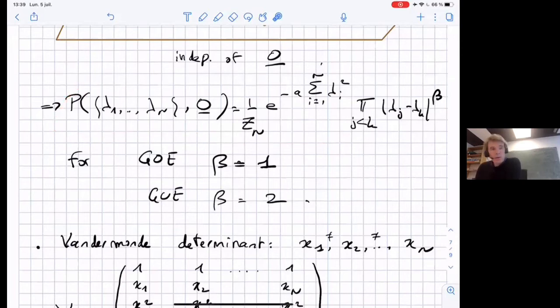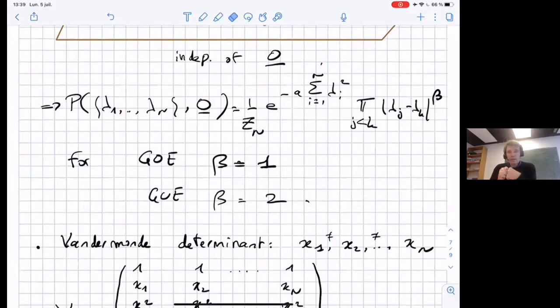There is already one thing to notice, and this is related to the question that I answered to Maynak. You see that because of this Vandermonde term, which here comes from the Jacobian, the probability that two lambda i's are exactly equal is exactly equal to 0.